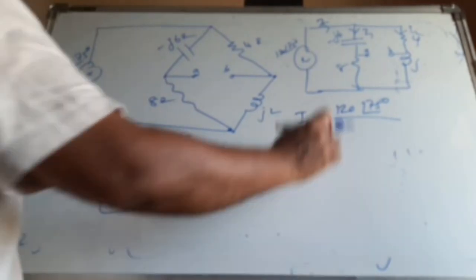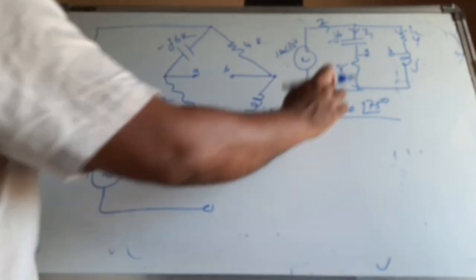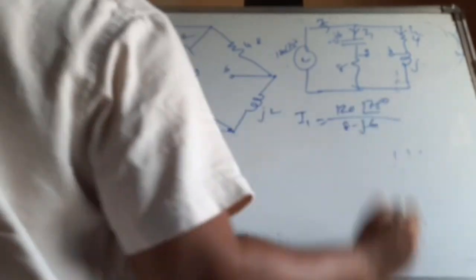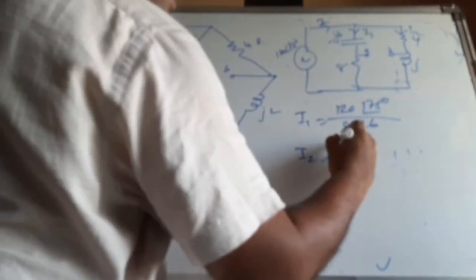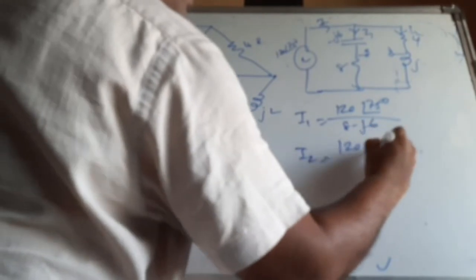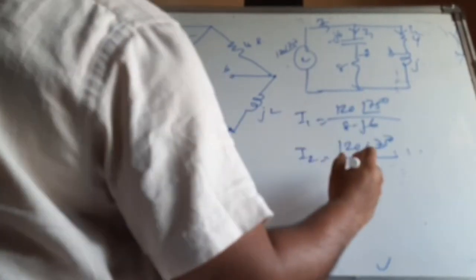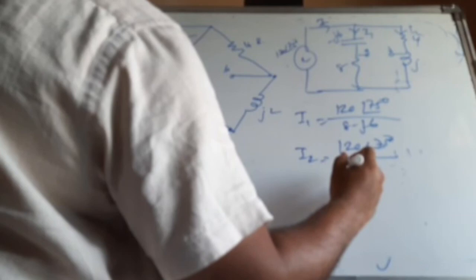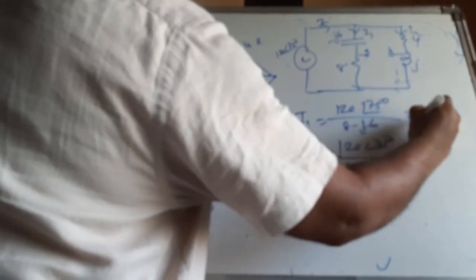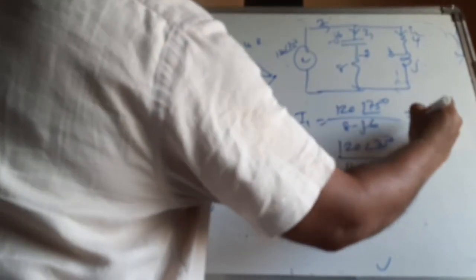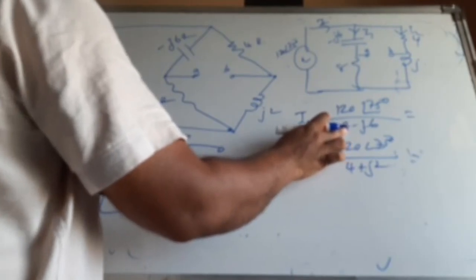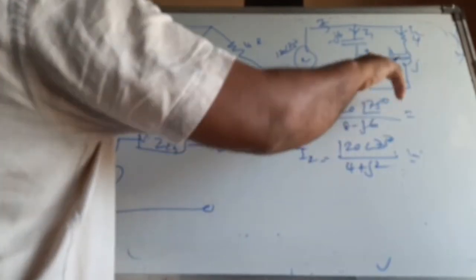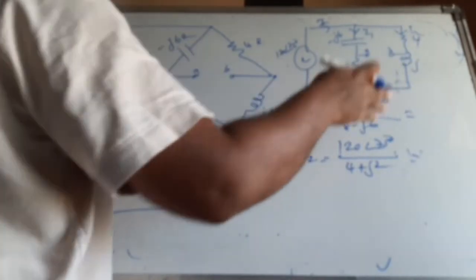This is open, so there is no current through it. Similarly, I2 is found with the other branch, which is 4 plus j. Either you can convert this into polar form, or you can take the complex rectangular form to solve the problem.